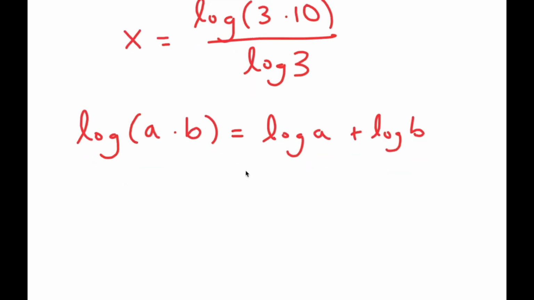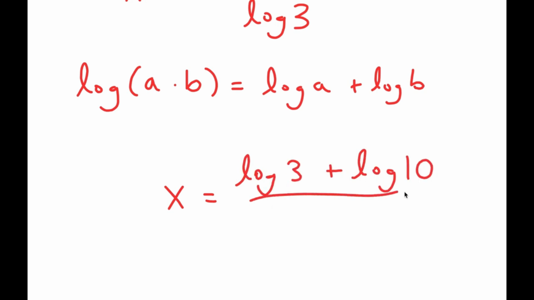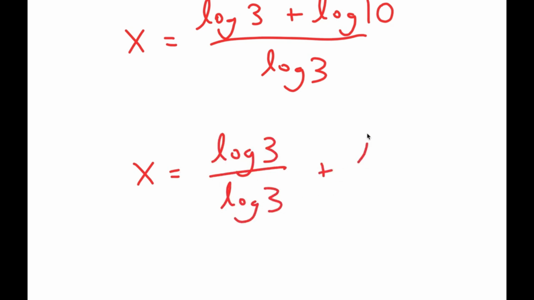So log of 3 times 10 is equal to log 3 plus log 10. Now I have this over log 3. So now this is equal to log 3 over log 3 plus log 10 over log 3.